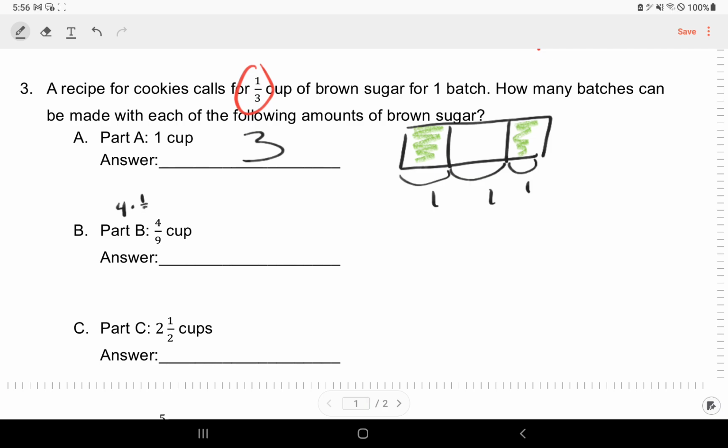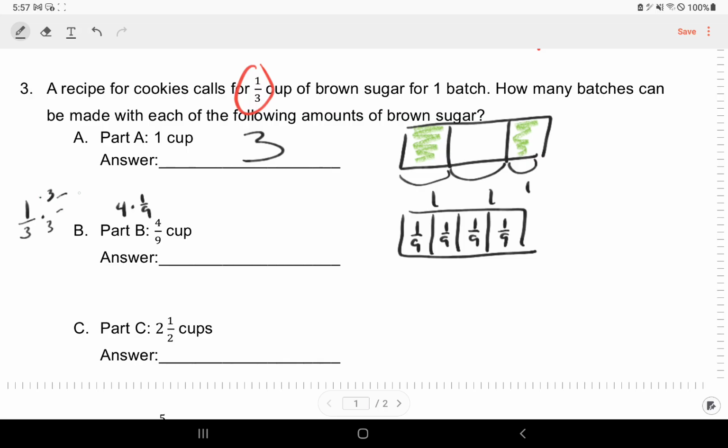4 times 1/9, so that's 1/9, 1/9, 1/9, and 1/9. And so it's 1/3. Well, 1/3 as ninths. So we do times 3 times 3, and we get 3/9.